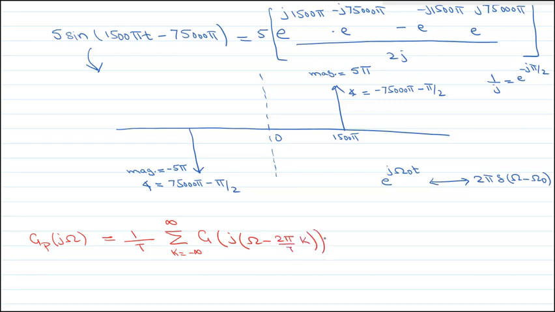So we get multiple copies of our original Fourier transform separated by multiples of my sampling frequency, and everything is scaled by 1 over T. So now I'm calling the Fourier transform of this thing G of j omega.